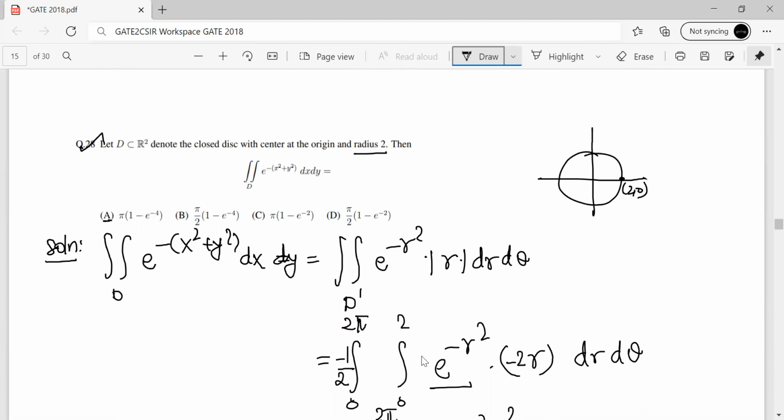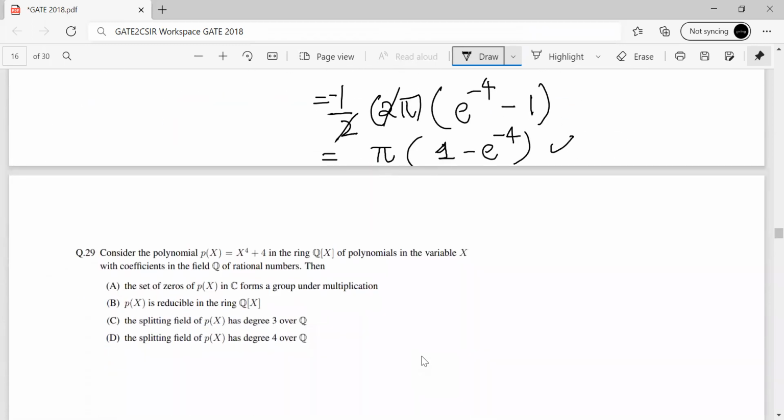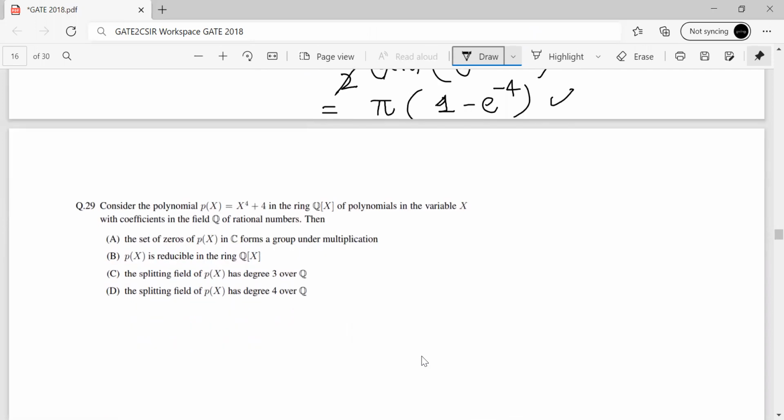Now let's go further. Look at problem 29. It says you have a polynomial p of x equal to x power 4 plus 4. In the ring Q of x, the set of zeros forms a group under multiplication, the splitting field of P of x has degree 3 over Q, and the splitting field of P of x has degree 4 over Q. What is the most that I can do here?